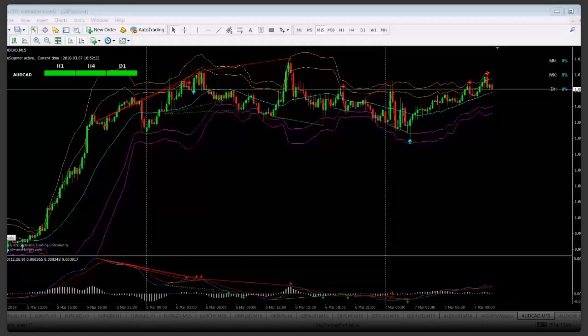Aussie CAD, I'll sell that there for a quick scalp, 20 pips. Stop loss 1.01200. Try and get a quick 20 pips off it. But markets are probably waiting for all the news happening later on today.